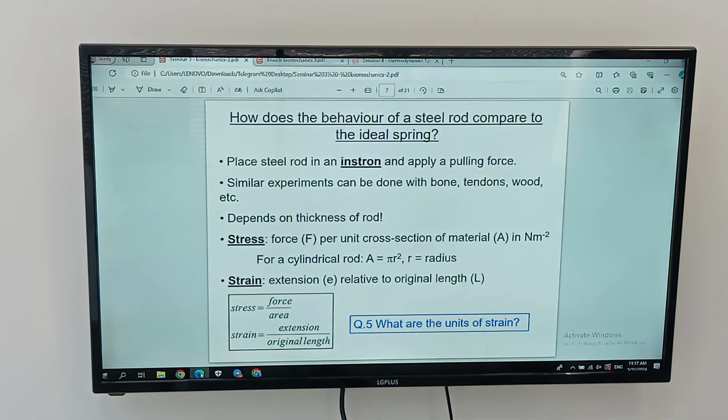Because it has circular ends, we're going to use the area of a circle, which is pi times radius squared. For the strain, we divide the extension, or the change in length of the rod or object, over the original length.